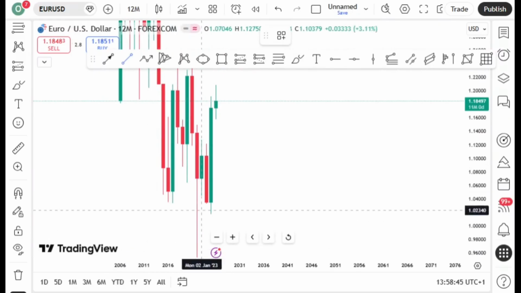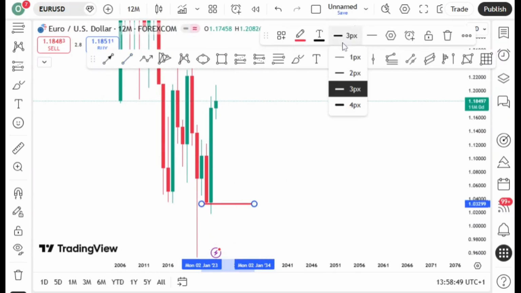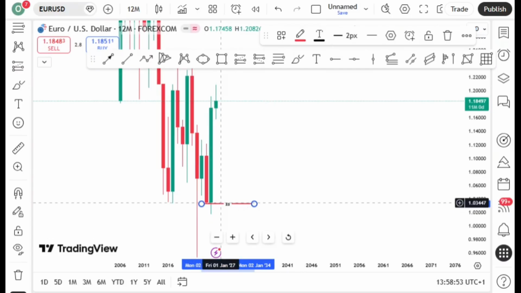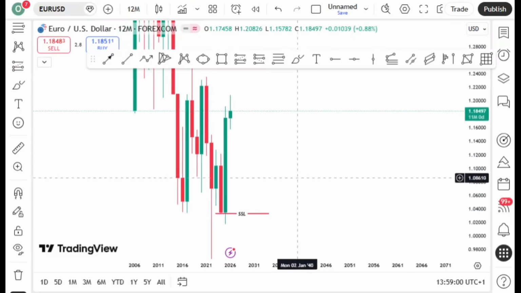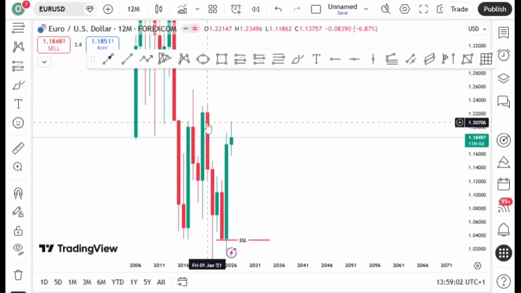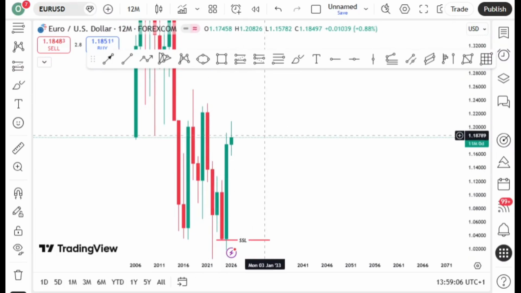So first things first, I take out my sell side liquidity, and on this sell side liquidity, we actually targeted this buy side. There's a buy side liquidity up here which was tested.